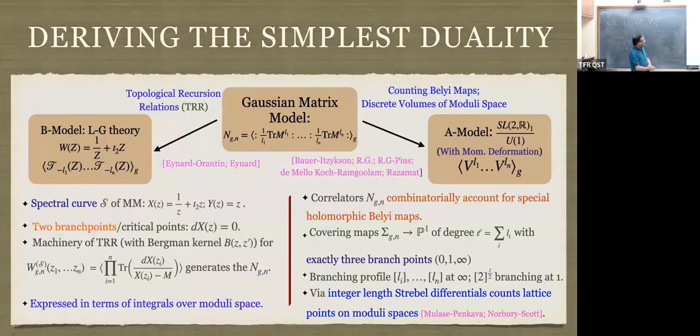Okay, so let me not go into all the details because there's a lot of background here. But there's a very beautiful combinatorial interpretation of these numbers in terms of covering maps. Holomorphic covering maps from the world sheet of genus G to a target space, which is a P1 sphere, with 3 branch points.